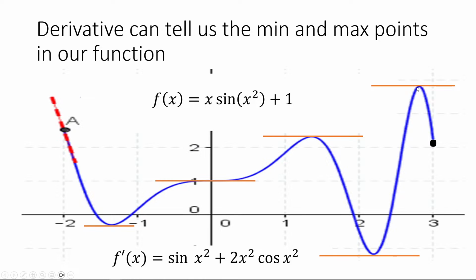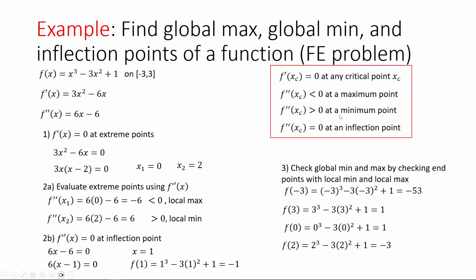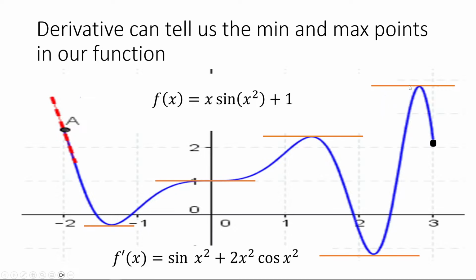If the second rate of change is negative, then that would be a maximum point. That's because I was moving up, and then I started to move down.